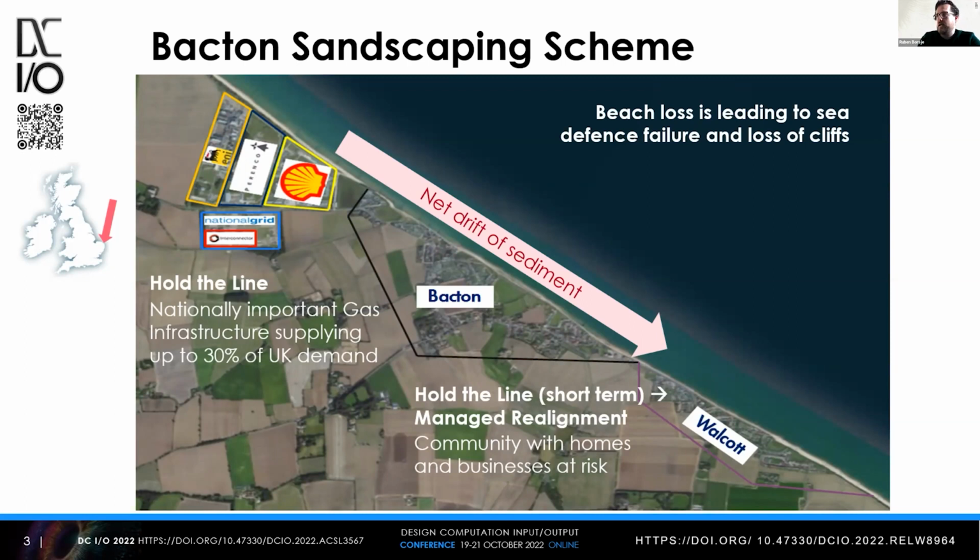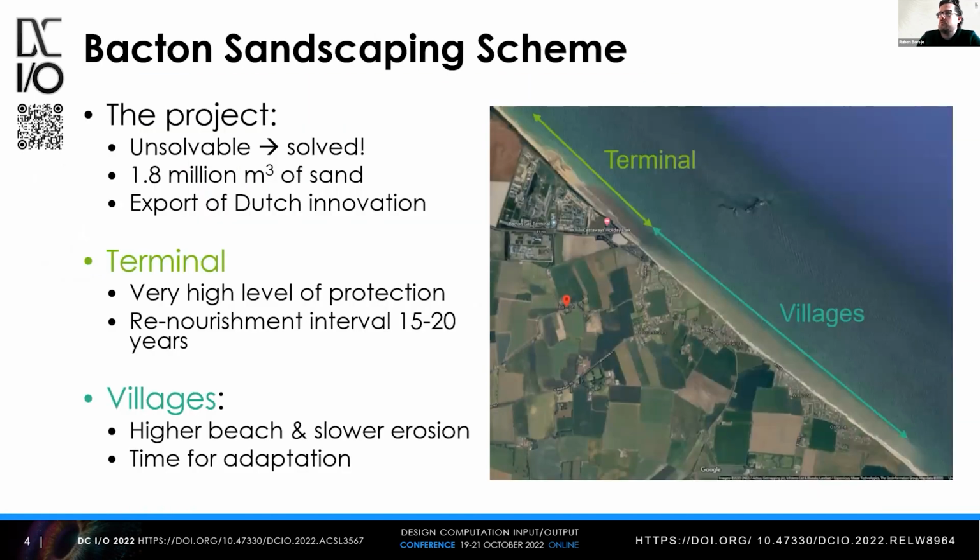But unfortunately, that would have led to an increased impact on the downdrift villages because of the sediment not entering the system at the terminal. It would have advanced the erosion of the beach even further at the villages, and therefore that wasn't really a viable option. So this was kind of an unsolvable project until we started looking at soft solutions.